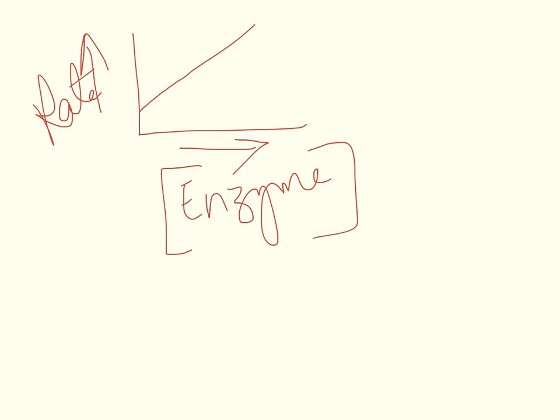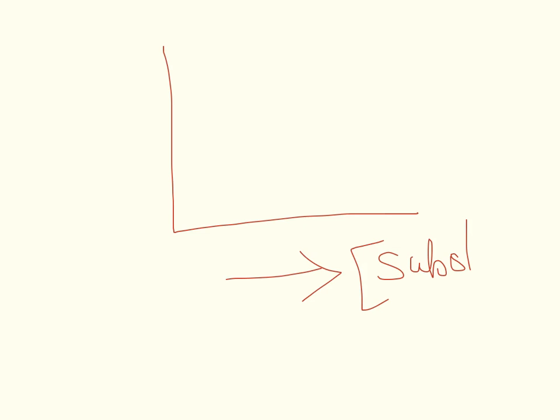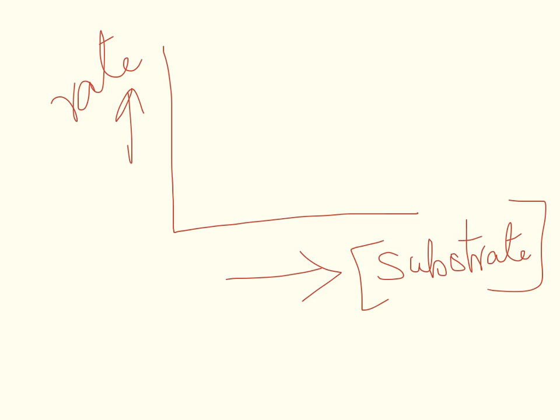But for a given concentration of enzyme, if you keep increasing the substrate concentration, the rate increases to a certain extent and then it saturates off. Okay, so this is the maximum activity.